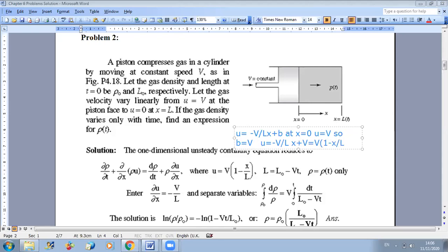Now what you want is del u by del x. Del u by del x is the slope of variation of u with respect to x. What is the slope?